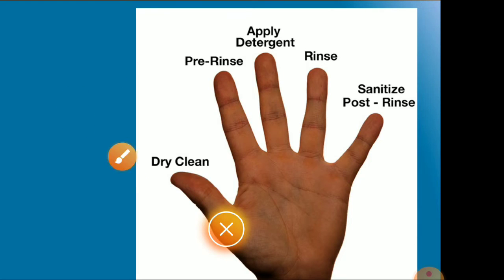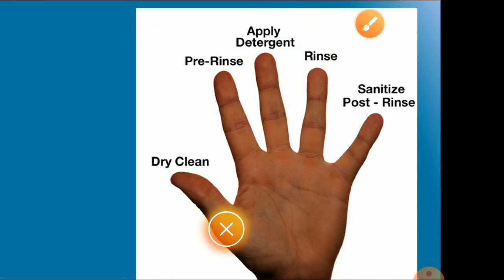Then after dry cleaning, they have to pre-rinse with water. After that, they apply the detergents and scrub, and allow contact time of 10 minutes or 15 minutes, depending upon the specifications. Then after applying the detergents, the waste is removed by rinsing the food contact surfaces or utensils.